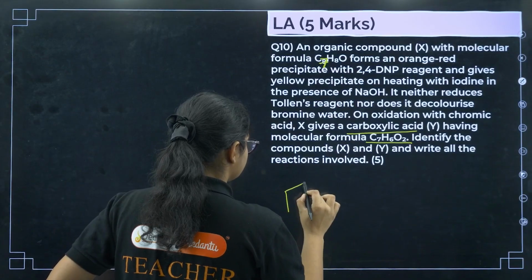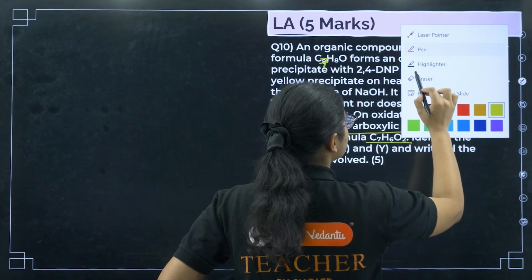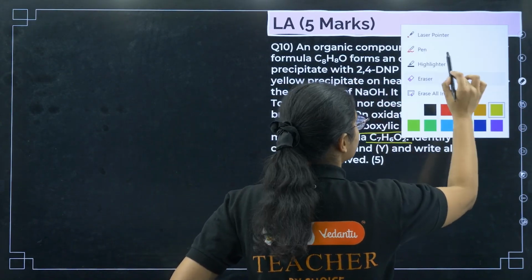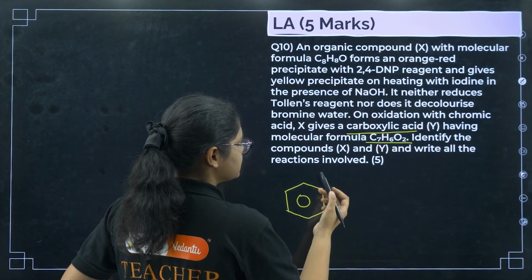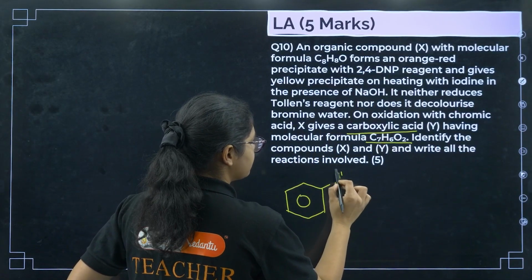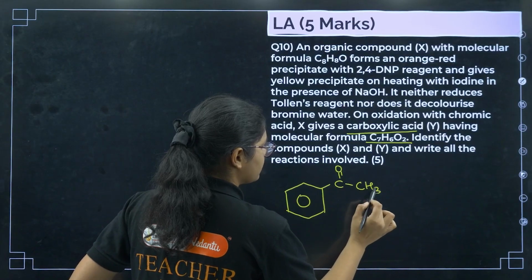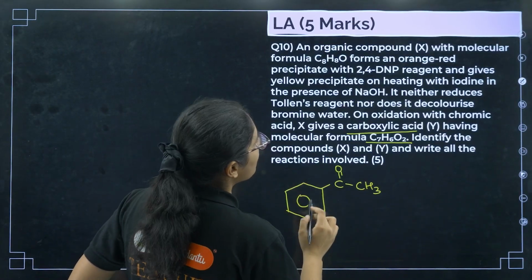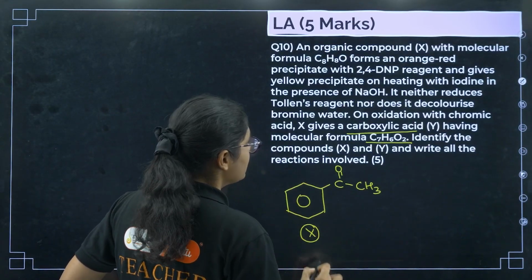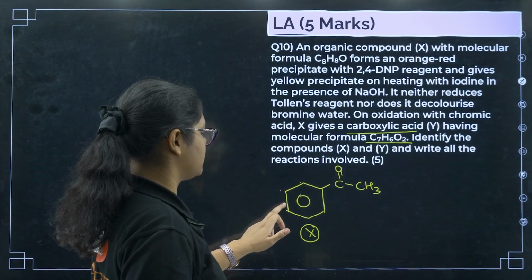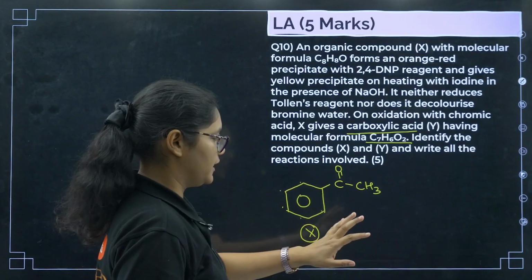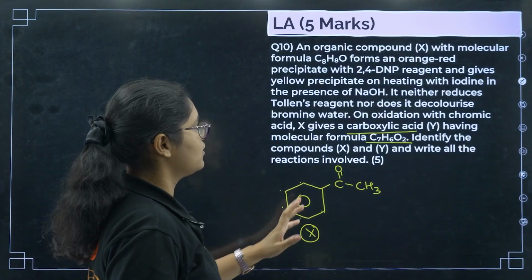If I have this structure, once again, this is correct only. Suppose there are 6 carbons, then I have the 7th carbon, and then the 8th carbon. This is the structure of the organic compound X with molecular formula C8H8O, so 1, 2, 3, 4, 5, 6, 7, 8, and then oxygen.